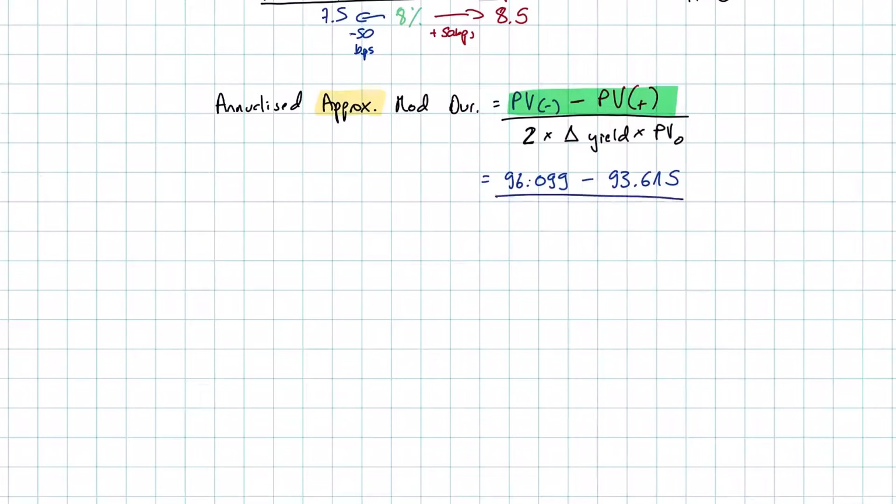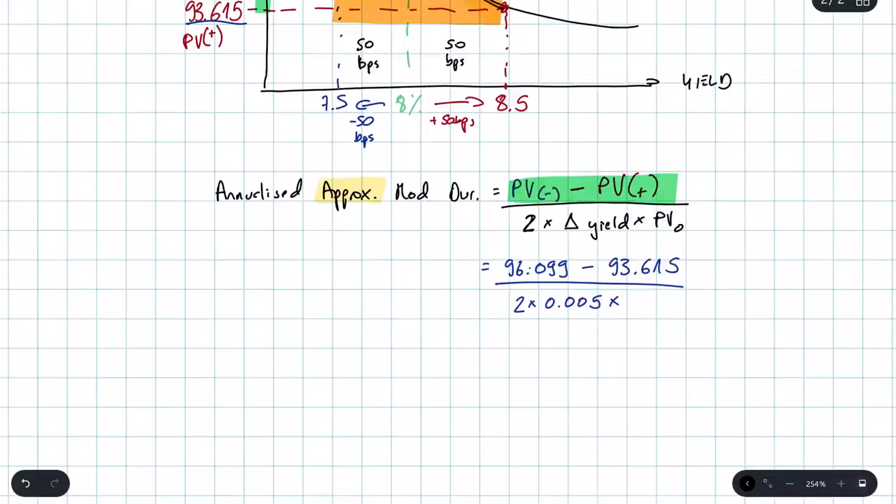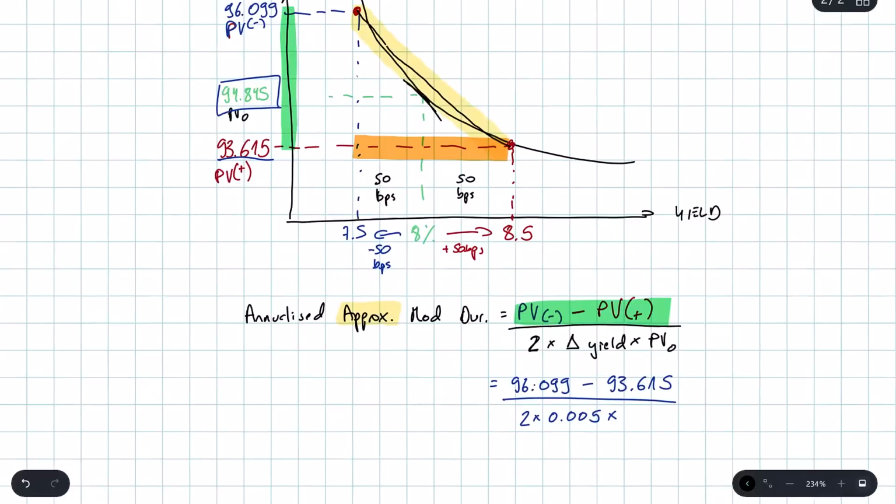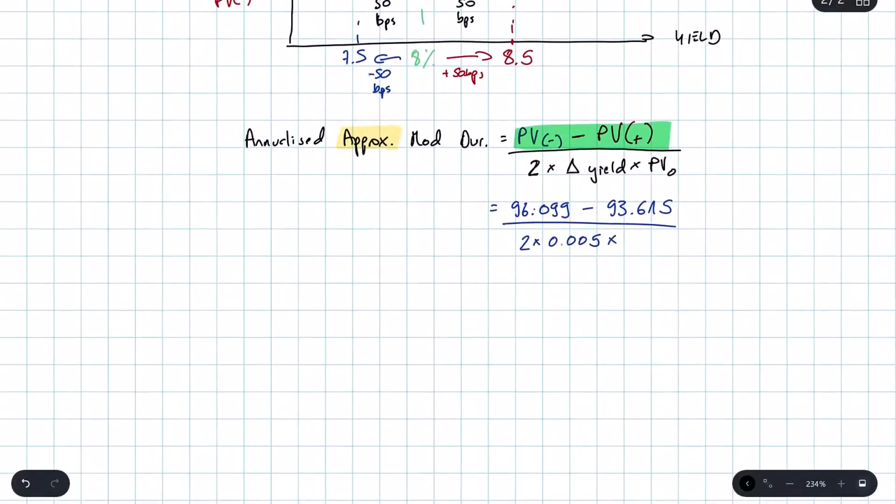Okay, divide by 2 lots of 50 basis points, so 0.005. I like to express this in decimal format, and multiply in the denominator also by the starting PV0, so that's 94.845.